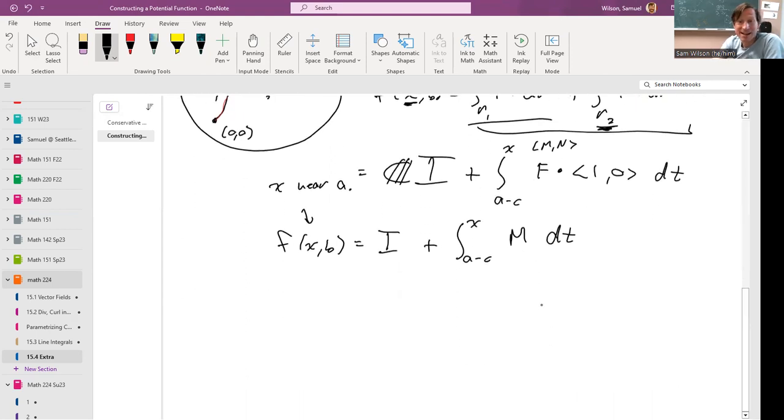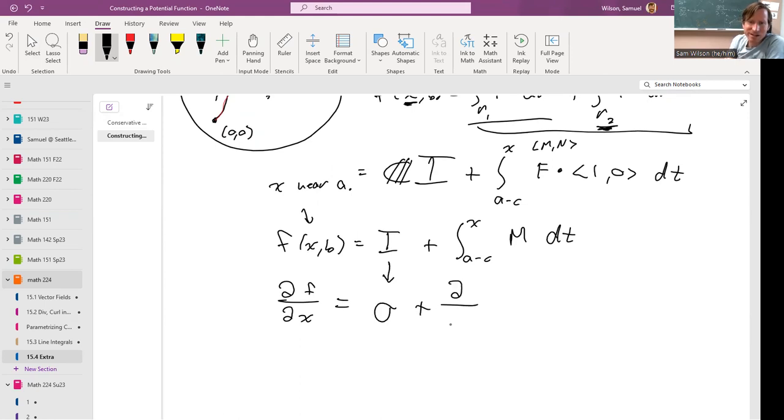Okay, well, now we can differentiate this. All of this was so that we could take the partial derivative with respect to x. When we take the partial derivative of this integral part, it didn't depend on x, so that's just 0.